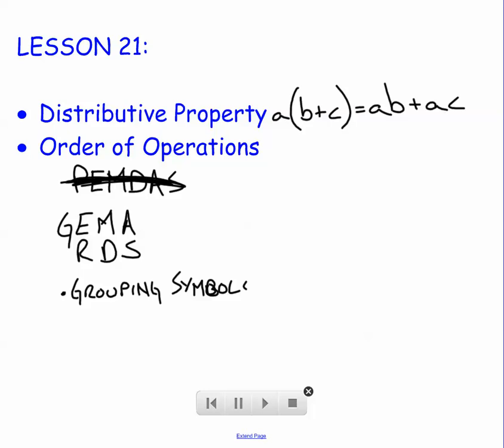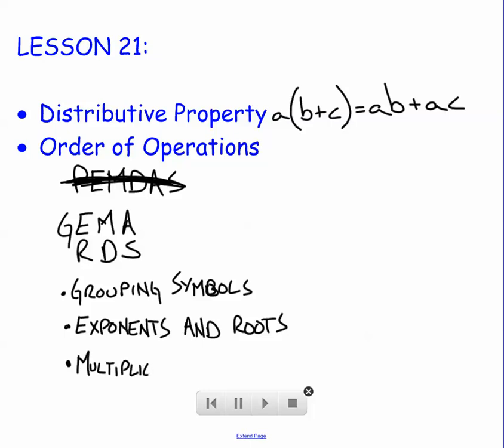And grouping symbols includes brackets, braces, parentheses, fraction bars. There can be lots of different grouping symbols. We'll see those as we go about. The E and the R stand for exponents and roots. The M and the D stand for multiplication and division.